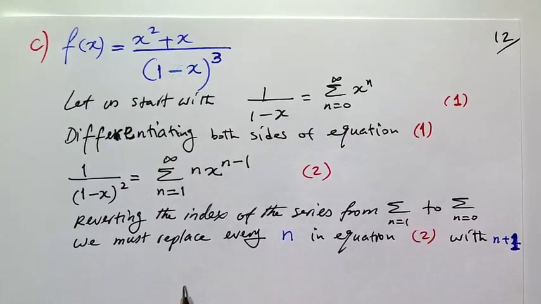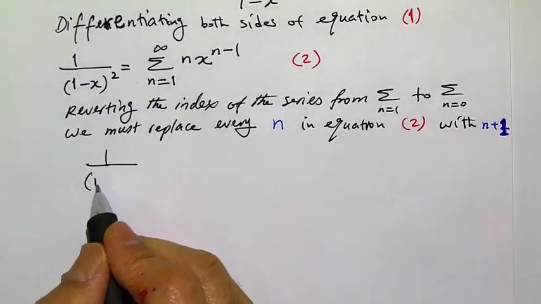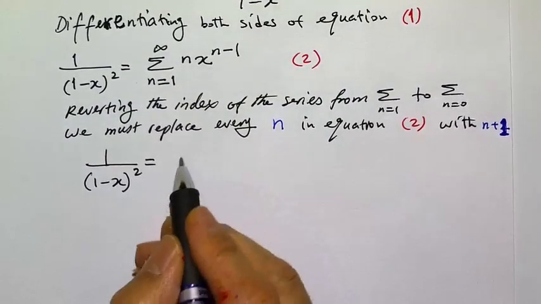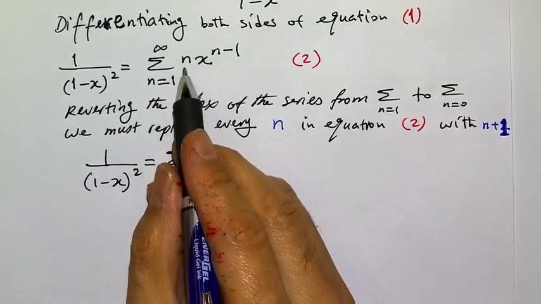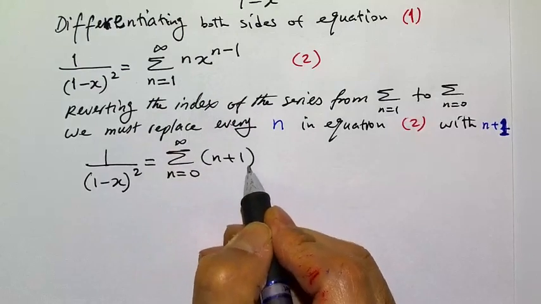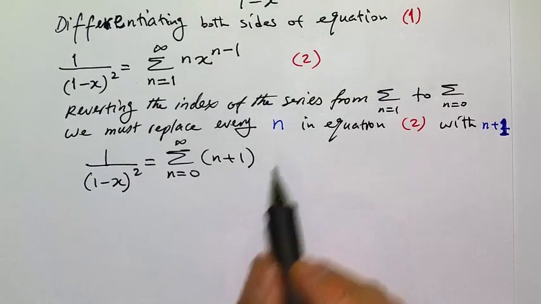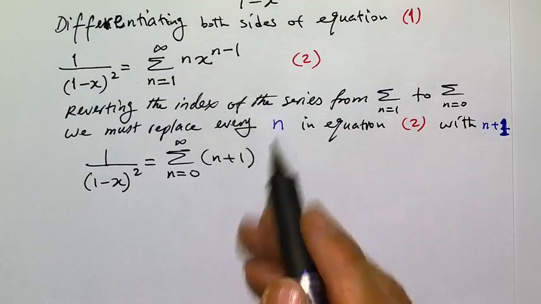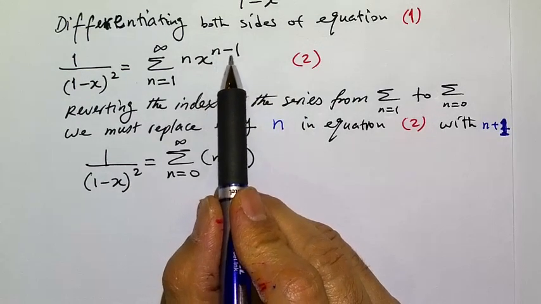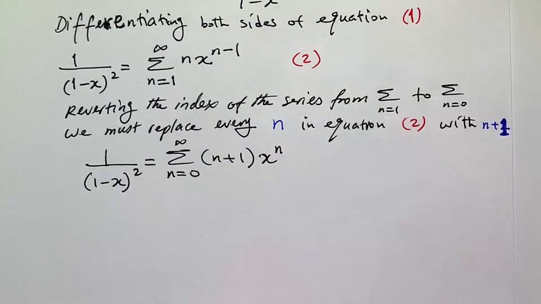Okay, so now let's do that. So we will have 1 over 1 minus x squared equals the sum from n equals 0, now replacing that with n plus 1, times, and then replacing that n with n plus 1, the minus 1 and plus 1 cancel each other out, we just get x to the n back.